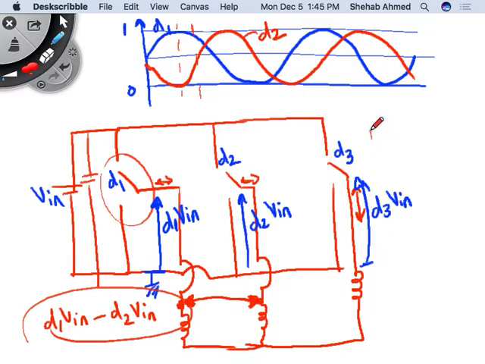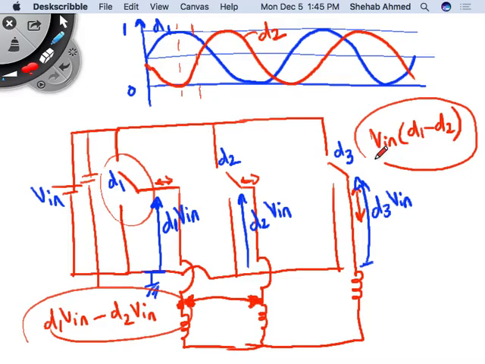So I see Vn times (D1 minus D2). I can control D1 minus D2 to be anything I want. If I control them to be two sine waves that are 120 degrees apart, what do I get? We know that if I have a sine wave, like the phase voltages, they are two waveforms that are 120 degrees apart. What is the line voltage equal to?